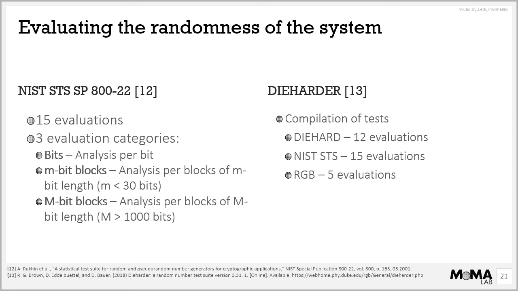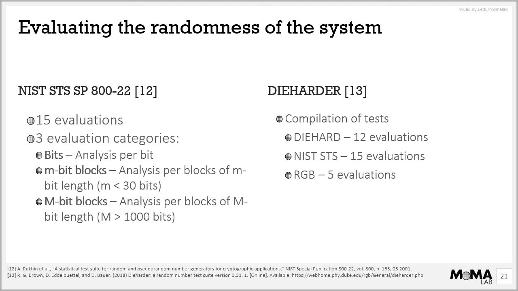We have m-bit blocks that assess the randomness of the sample in blocks of m-bit length, where m is smaller than 30 bits. And we have big M bit parts, which evaluate the randomness of the sample in parts of big M bit length, where big M is greater than 1,000 bits.